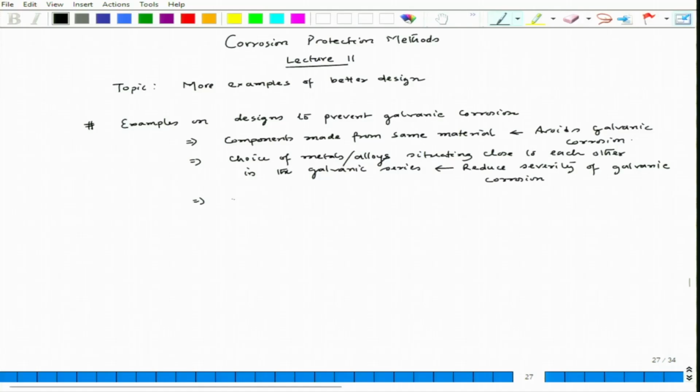That way we do not have contact between them and the galvanic effect can be avoided to a great extent. So the third one is use of insulator to avoid the galvanic effect.